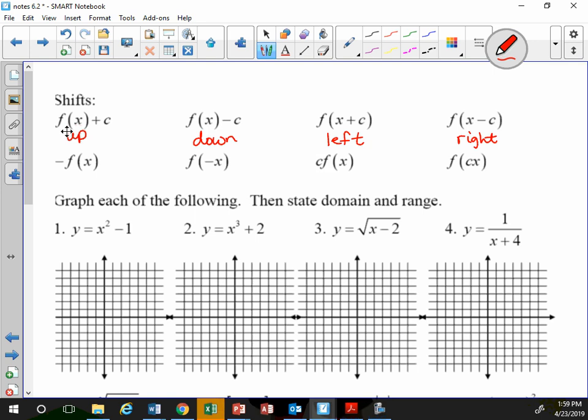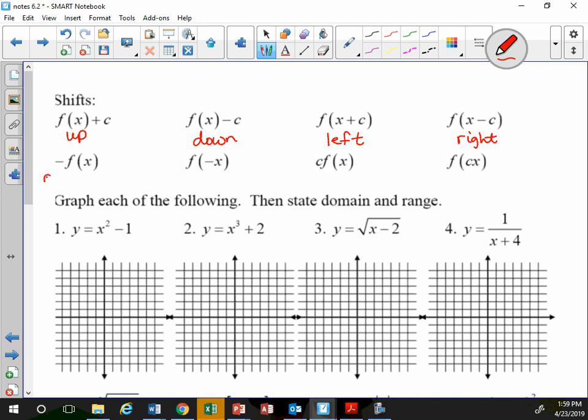It does not stick in my brain, so I just think about what it means. If it says negative f of X, that's saying negative Y. If your Y value goes from positive to negative, what did you flip over? The X-axis. This one says negative X. If your X goes from positive to negative, you reflect over the Y-axis. I do not memorize that. I just think about it.